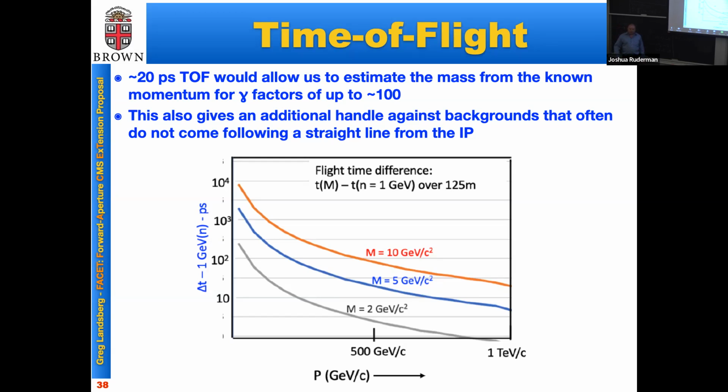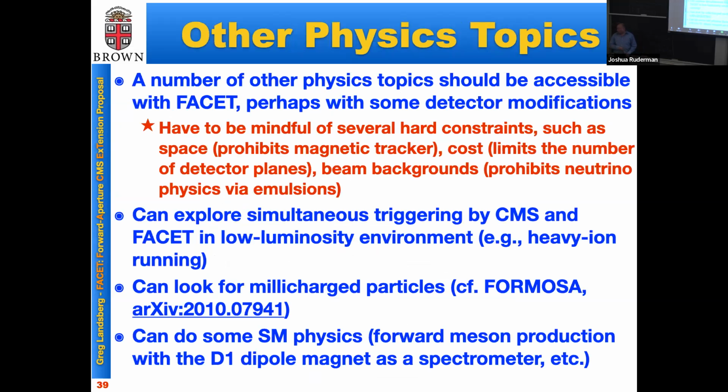One could also do a lot in the low luminosity runs, like heavy ion running, because the background is literally 0. And with heavy ions, you could have a free neutrino LHC in the photon collider, so anything produced in photon-photon interactions would be studied. So that's another idea. And of course, we haven't fully explored the idea of simultaneous triggering with CMS.